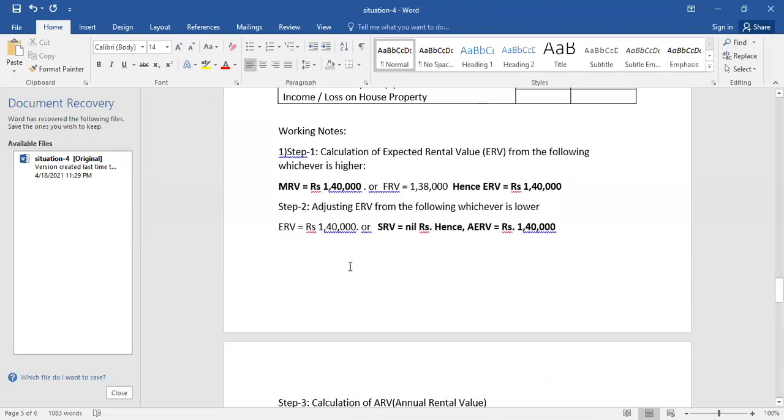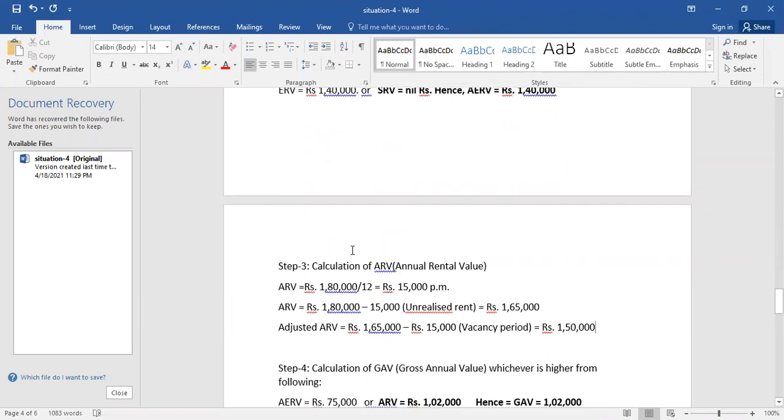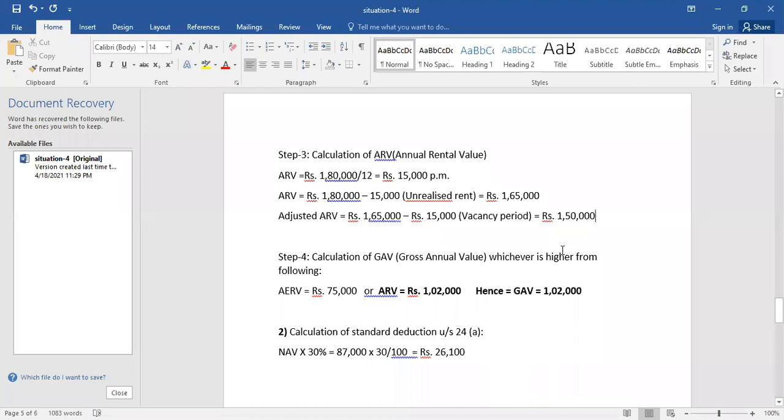Now we have got the ERV is 1,40,000. So here, in order to find the GAV, you should take whichever is higher from the following: ERV or AERV, whatever it may be.